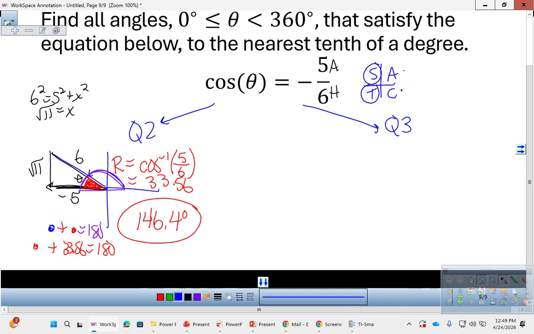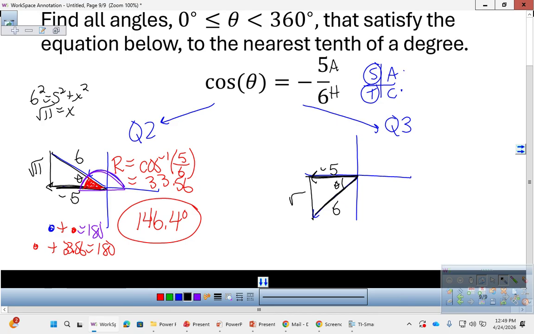Now, if I do the same process in quadrant 3, I've got some angle in quadrant 3, so I'm going to take the x-axis and drop this down, and this is theta. All right, so what do I know? I know that I have the adjacent leg and the hypotenuse, and again, we're going to the left, which means this is negative.